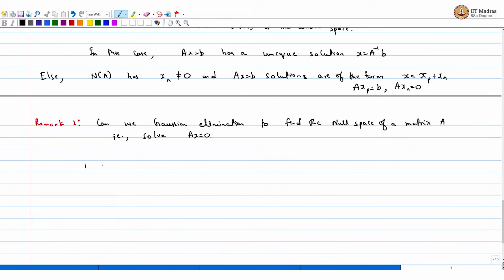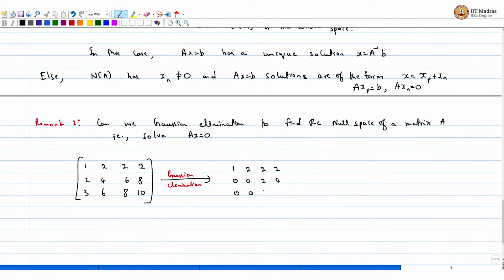Suppose you have the matrix, say, 1, 2, 2, 2, 2, 4, 6, 8, 3, 6, 8, 10. And then you do Gaussian elimination. What you would get is 1, 2, 2, 2, 0, 0, 2, 4, 0, 0, 2, 4.